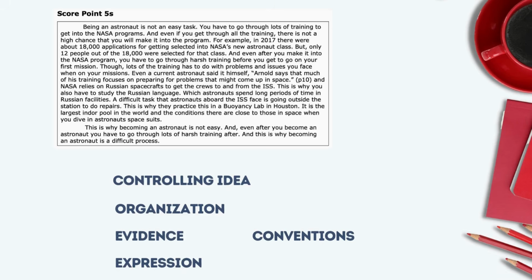Though lots of training has to do with problems and issues you face when you're on your mission. Even a current astronaut, Arnold, says that much of his training focuses on preparing for problems that might come up in space. And NASA relies on Russian spacecrafts to get the crews to and from the ISS. This is why you also have to study the Russian language, which astronauts spend long periods of time in Russian facilities. A difficult task that astronauts aboard the ISS face is going outside the station to do repairs.